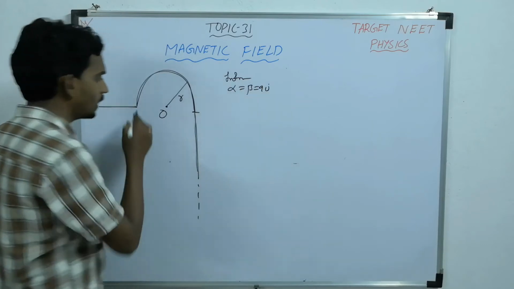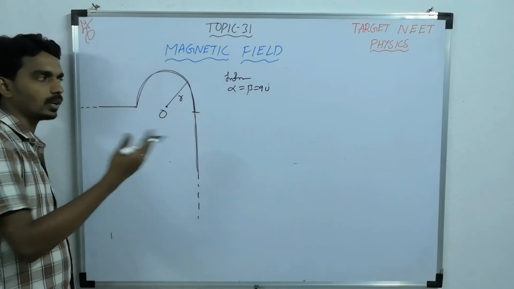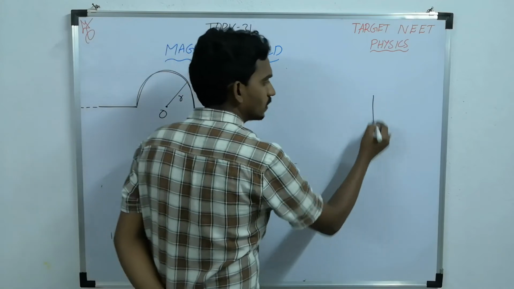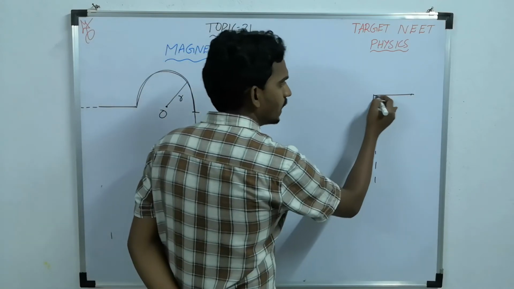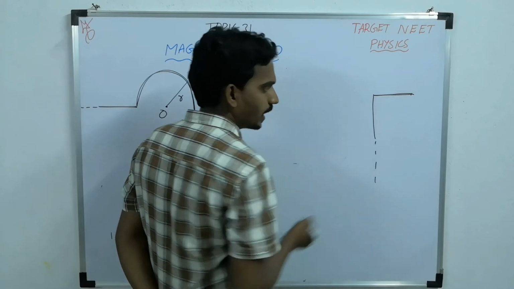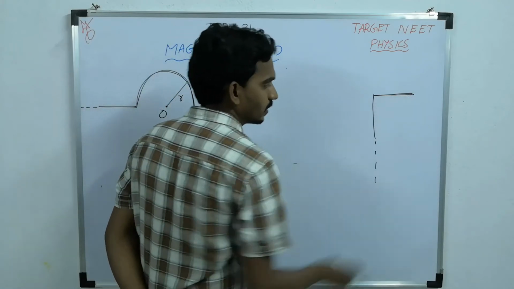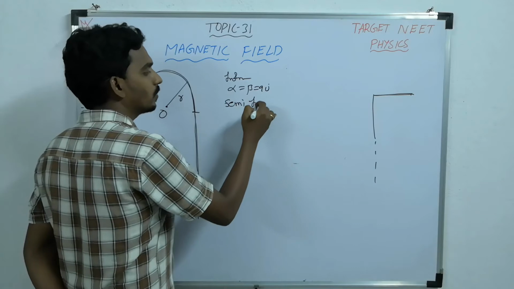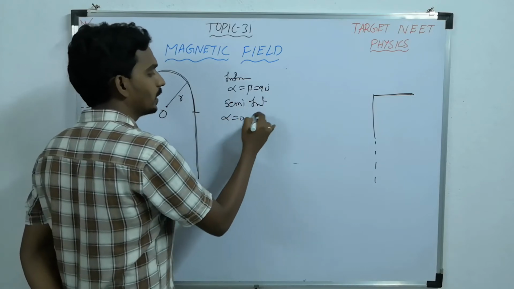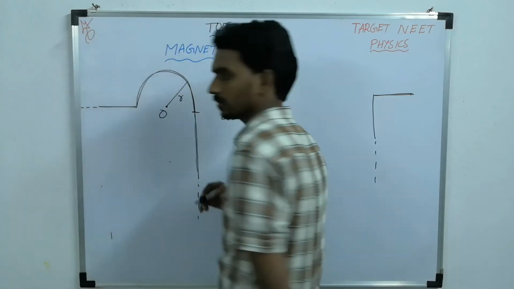But semi-infinite means one side 90, one side 0. See here, the point is at the extreme end. So one side angle is 0, but the other side angle is 90. So semi-infinite means alpha 0, beta 90.